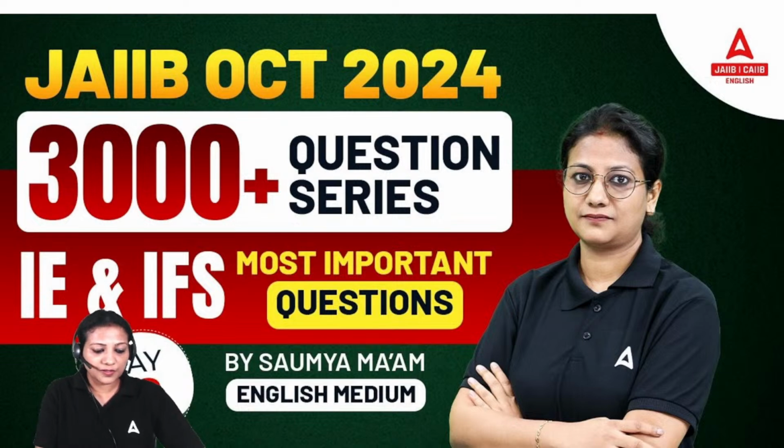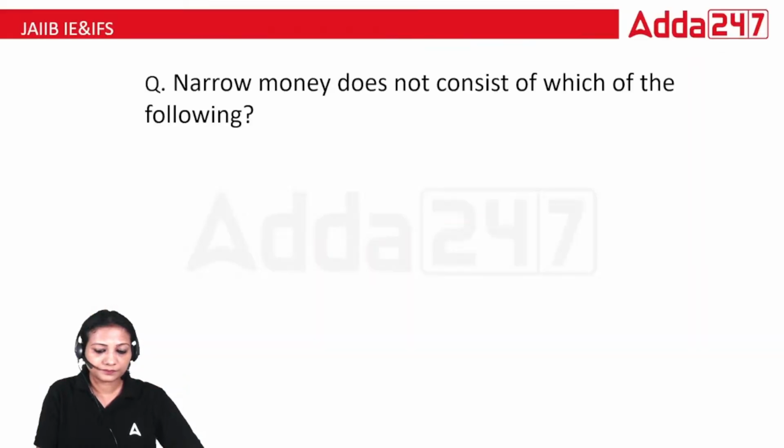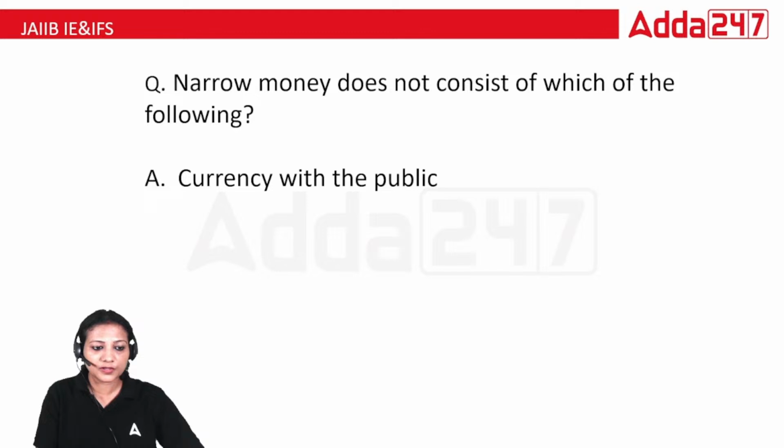So the first question for today is, narrow money does not consist of which of the following?